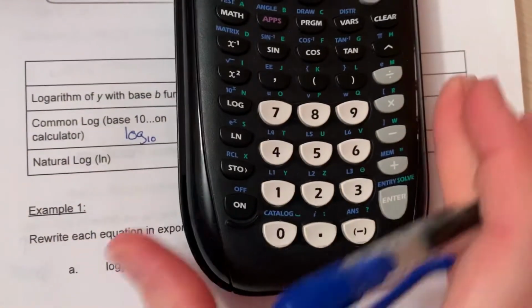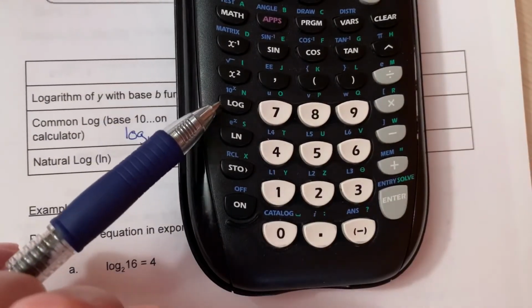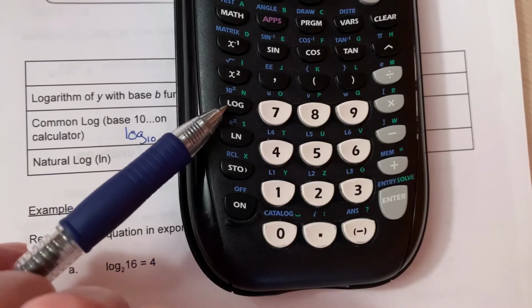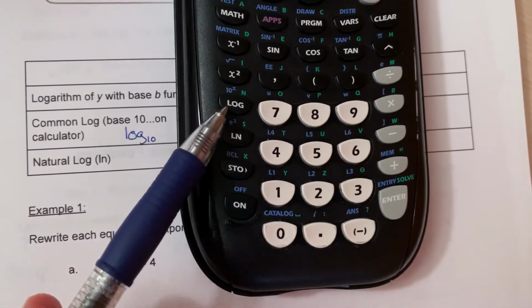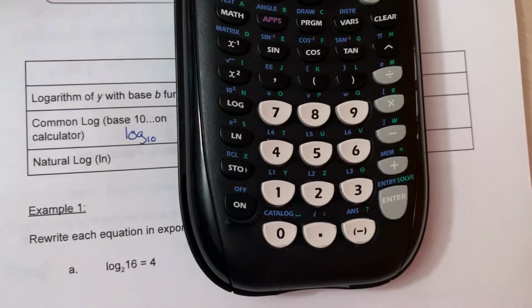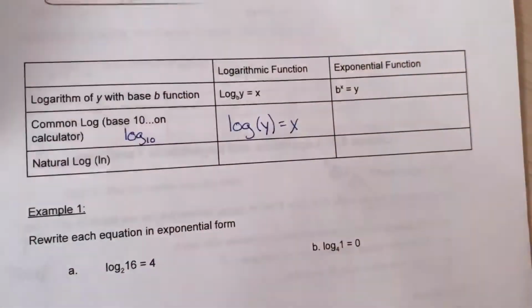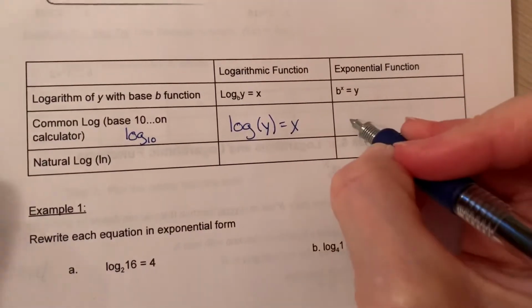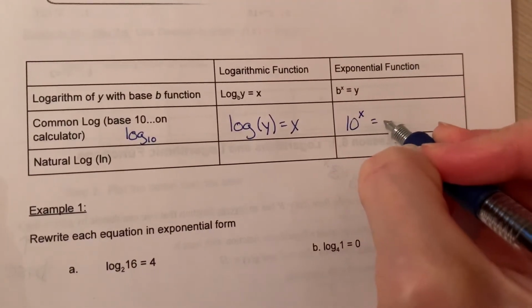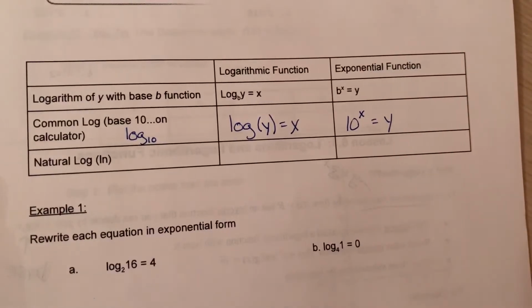And also on your calculator, you have a log button. That's always the common log, or a base 10. So the calculator log is always a base 10. And then the equivalent here would be 10 to the x equals y.